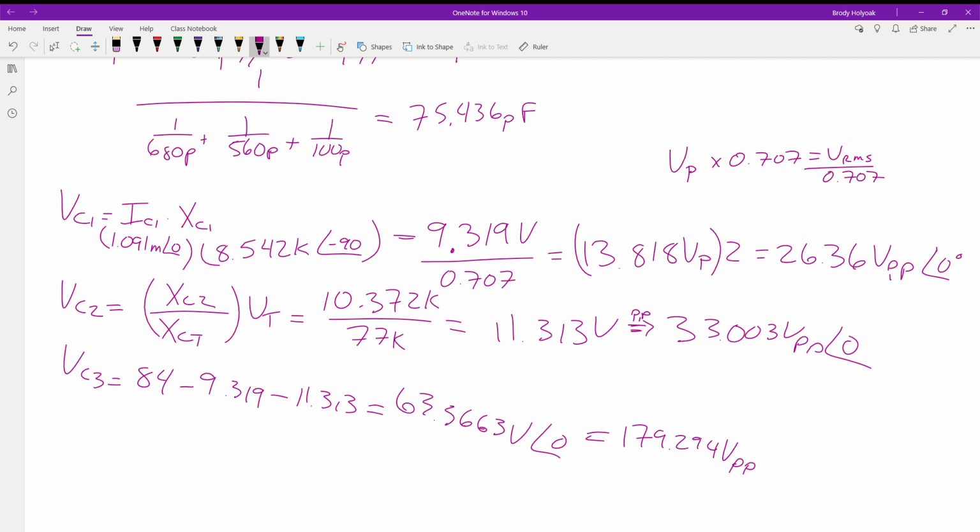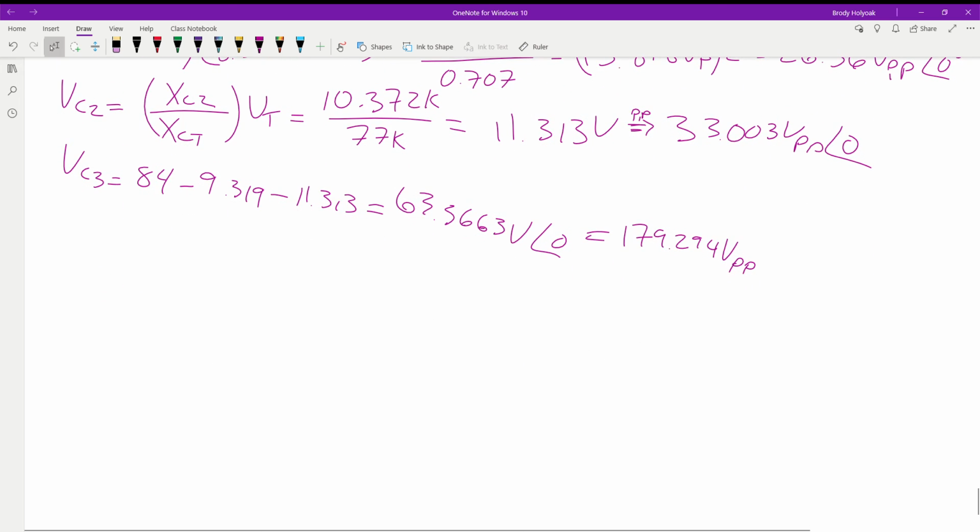How do we get to that one? Okay, so these are all the RMS voltages that we were given. So we subtracted them from our total voltage, which was 84, which leaves us the 63.366.